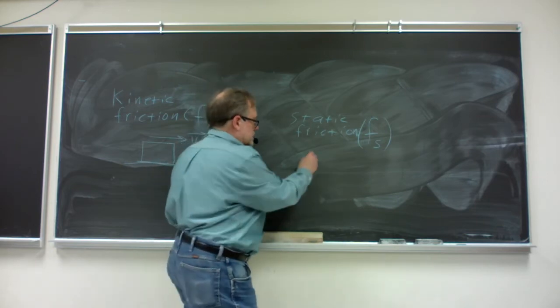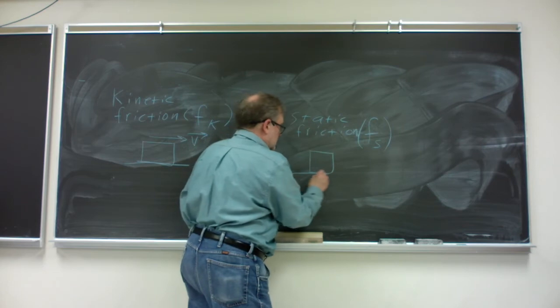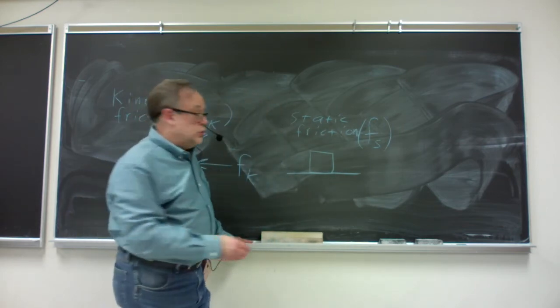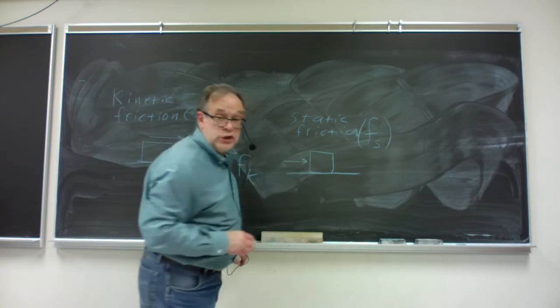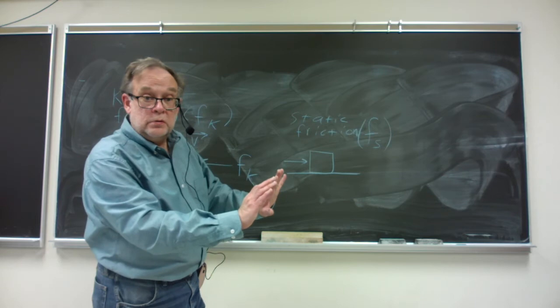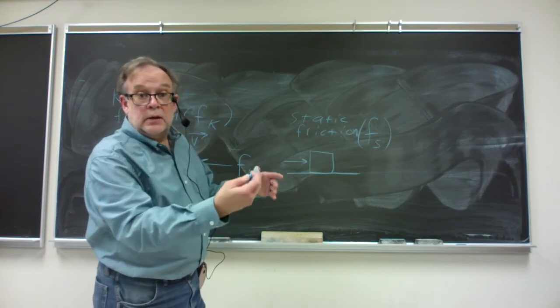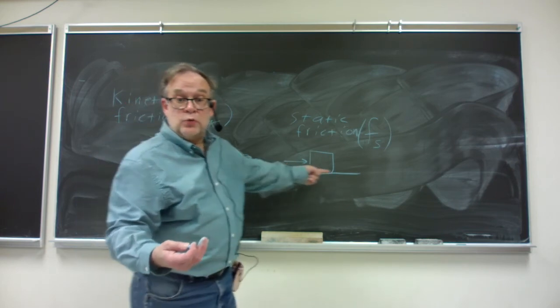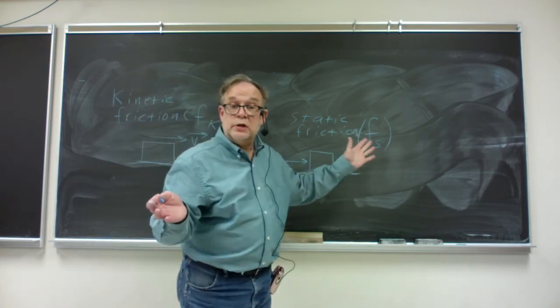And imagine this. Imagine a box that is very heavy, and as a result, when you push on it, you push, but it still doesn't move. There's a force pushing to the right, but that doesn't cause the box to accelerate.